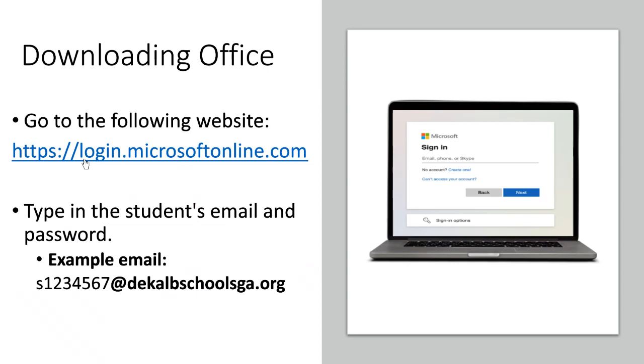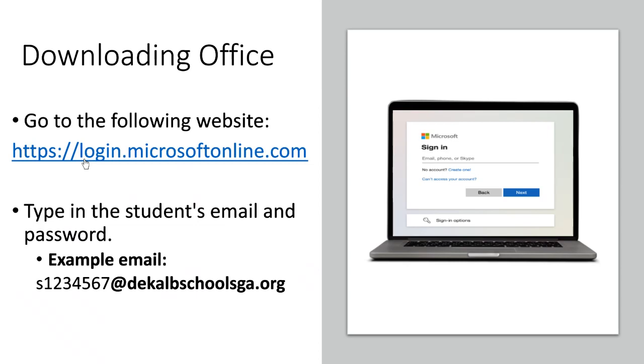If students are not logged into their Clever accounts, or if they are using a personal device, with your preferred web browser, go to the following website: https://login.microsoftoffice.com. We are also going to place this link in the chat so that you can access it. You will enter the student's email and password that has been provided by your child's teacher.